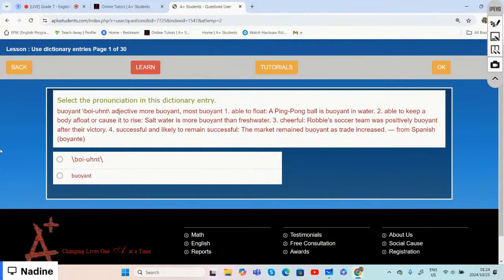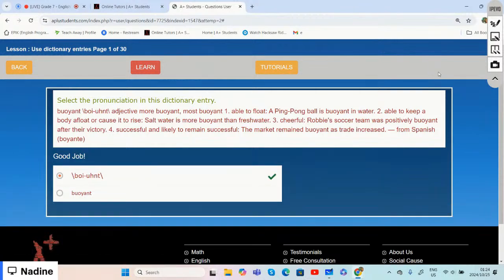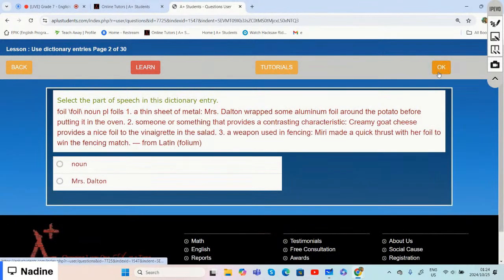The pronunciation of the word. And if we were to select the correct one, then we can say option one. That is how the word should sound.